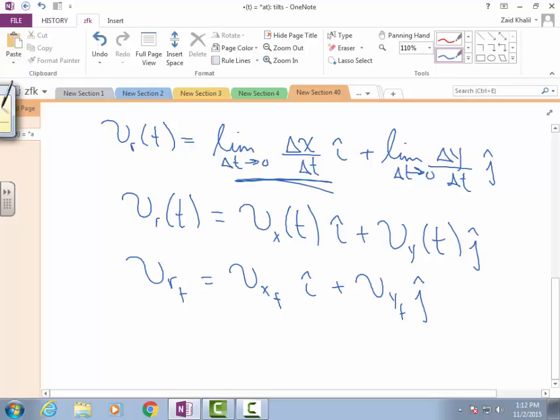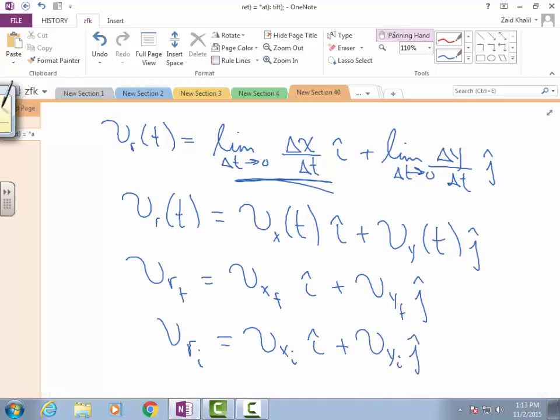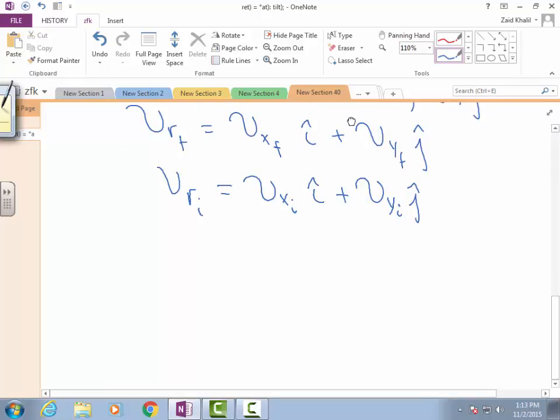And you have a VRI. Notice, why do I keep on saying R? What does that R stand for? Radial or resultant. So this is VRI, which is VXI i hat plus VYI j hat. And from this, what are you able to derive? The definition of average acceleration.